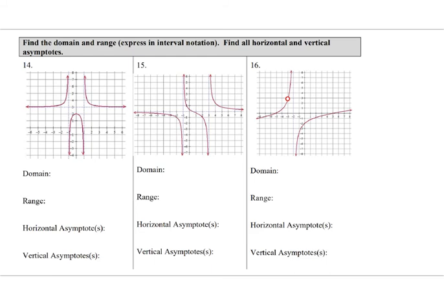And then finally, we've got some domain and range stuff going on here, and then asking about horizontal and vertical asymptotes. The domain for these is going to be based on the vertical asymptotes. For example, number 14 starts at negative infinity and goes up until negative 1. I'm going to use interval notation for this. We don't actually get to negative 1, so we're going to use a parenthesis instead of a bracket.